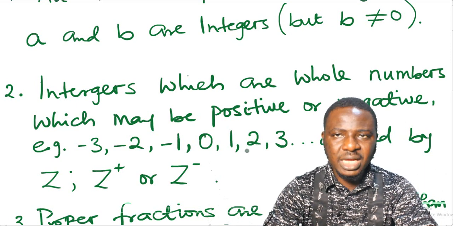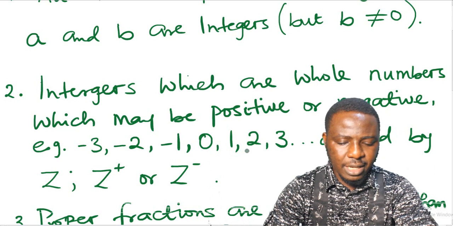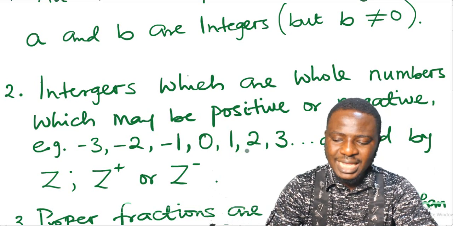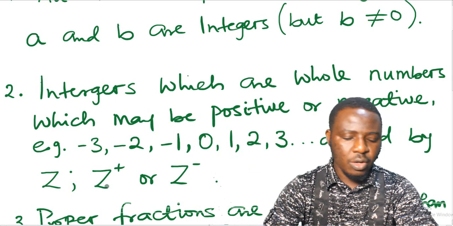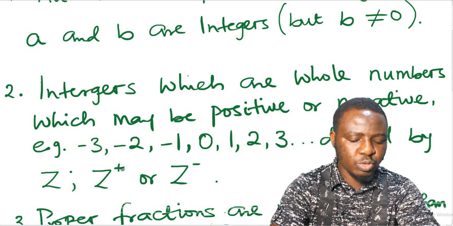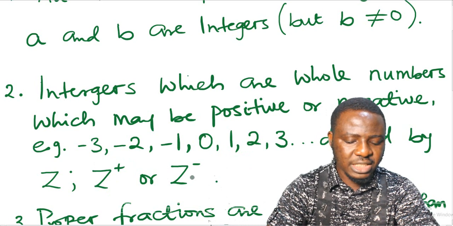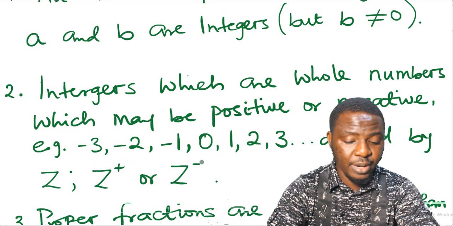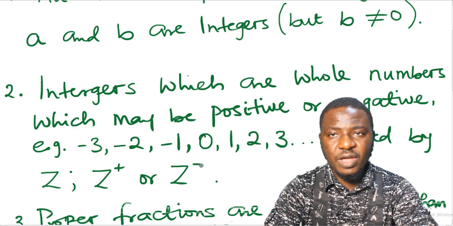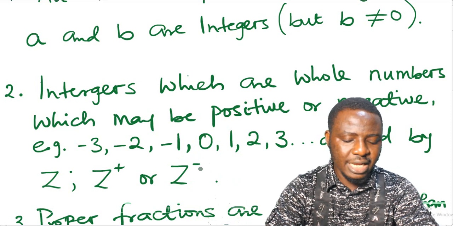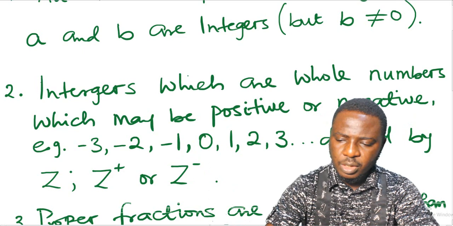All these are said to be rational numbers, and they can be denoted using the letter Z, where Z subscript positive stands for the positive integers, and Z superscript negative, I beg your pardon, is also referred to as negative integers.